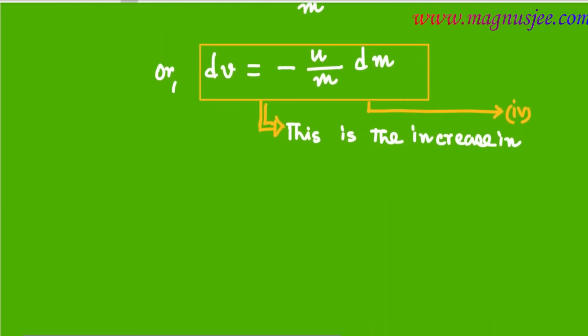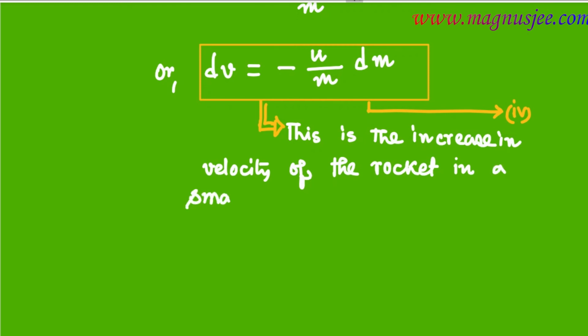This is the increase in velocity of the rocket in a small interval of time dt.